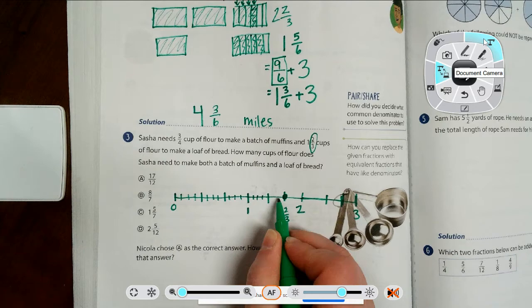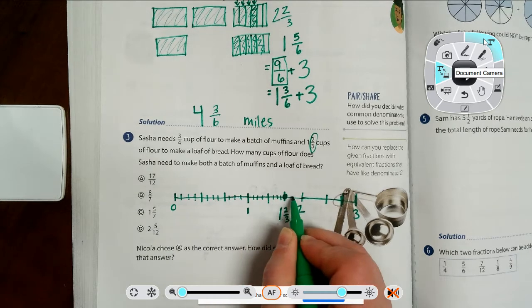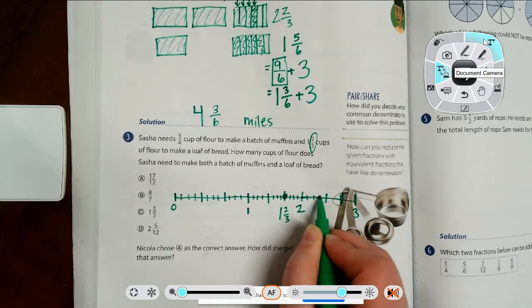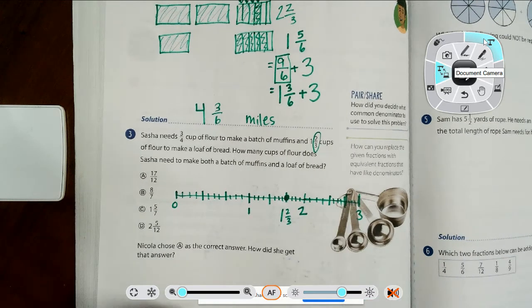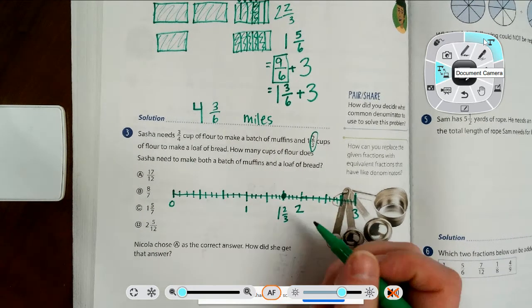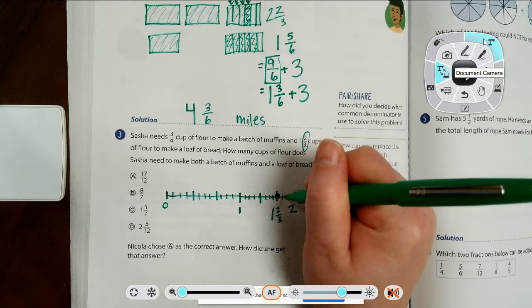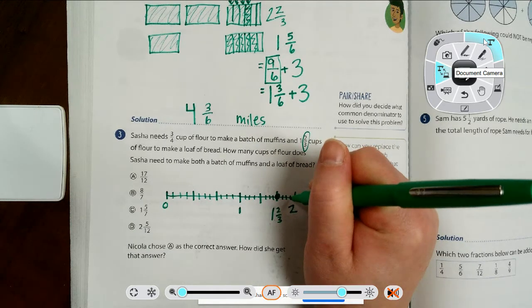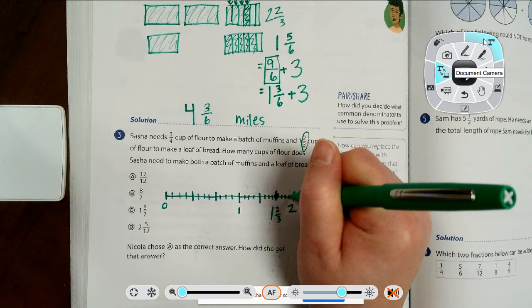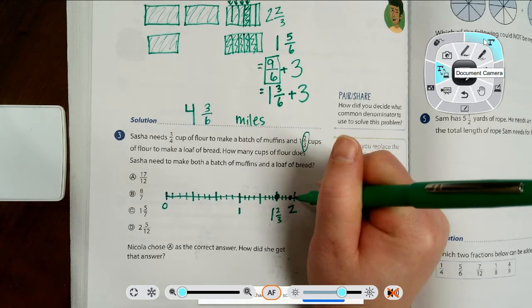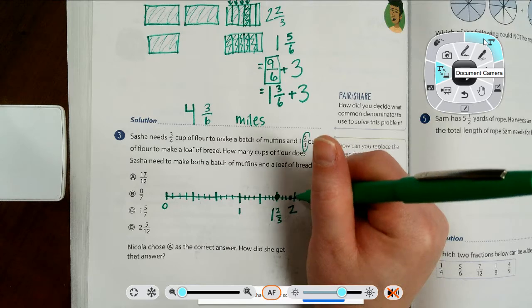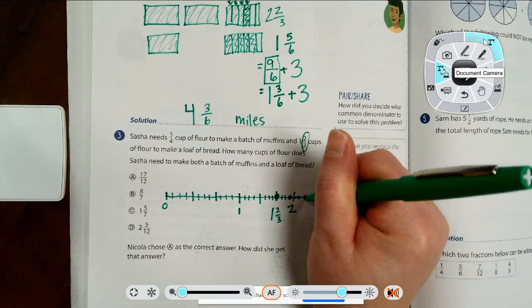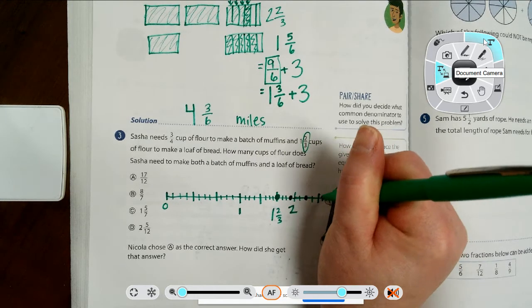Do that for these. All right, so I'm adding 3/4. So I'm adding 1, 2, 3 of those 4. 1, 2, 3.